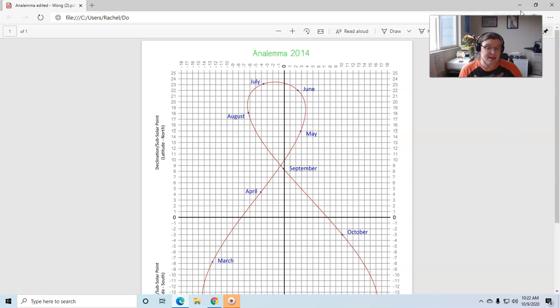What the Analemma does is allow you to calculate what the latitude of the sun's declination is based on the day of the year. You'll also look at tangential rays in your Lab 8, which I like to think of as when you go to give someone a high five and they go too slow and they miss, so you just barely graze each other.